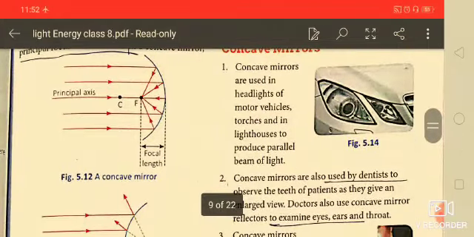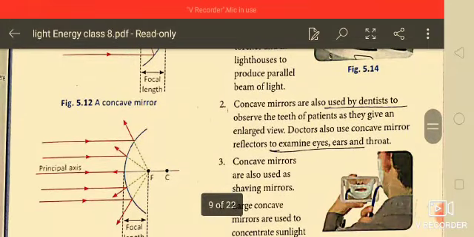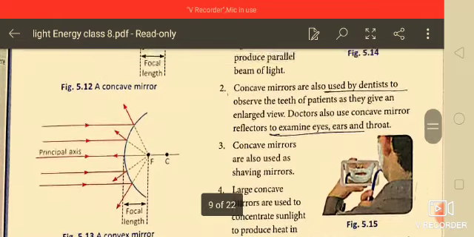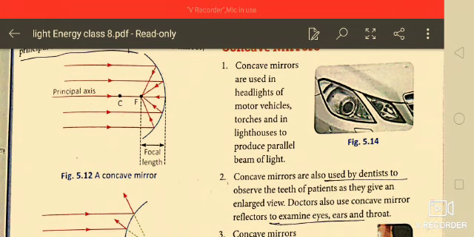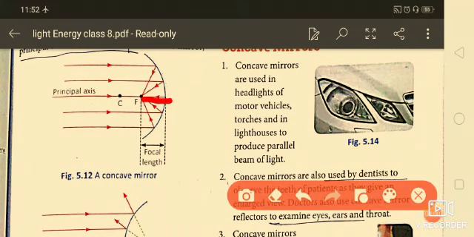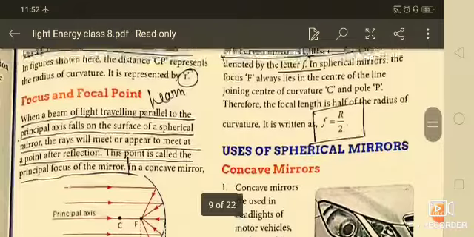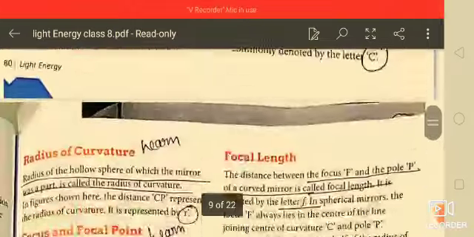The distance between this focus and P is called the focal length.